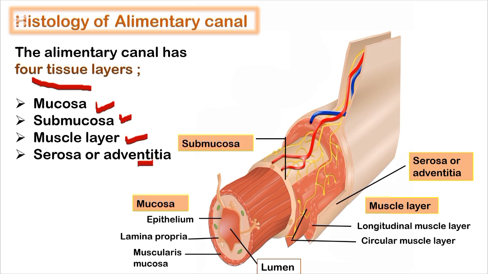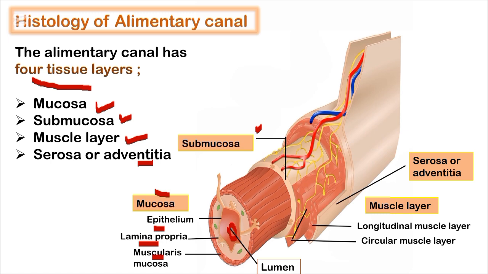You can understand by this diagram. This is the lumen, that is the hollow space or hollow tube through which food passes. The innermost layer is mucosa, and mucosa is in direct contact with food. Mucosa has further three layers. The inner one is epithelium, the middle layer is lamina propria, and the outer one is muscularis mucosa.